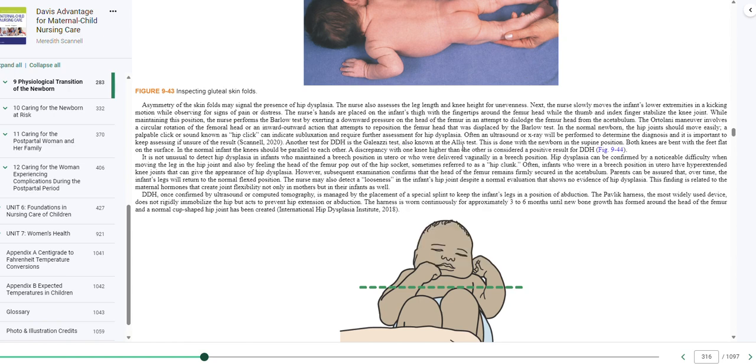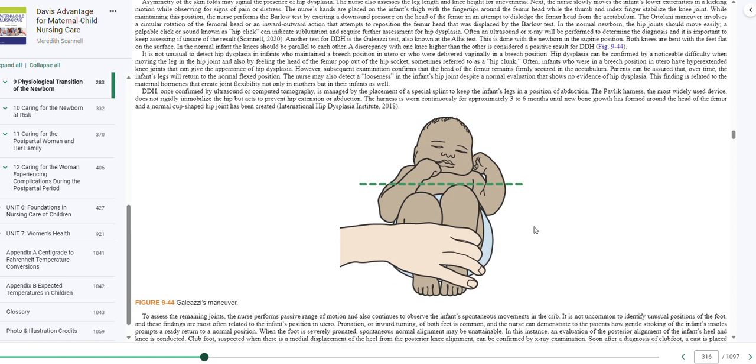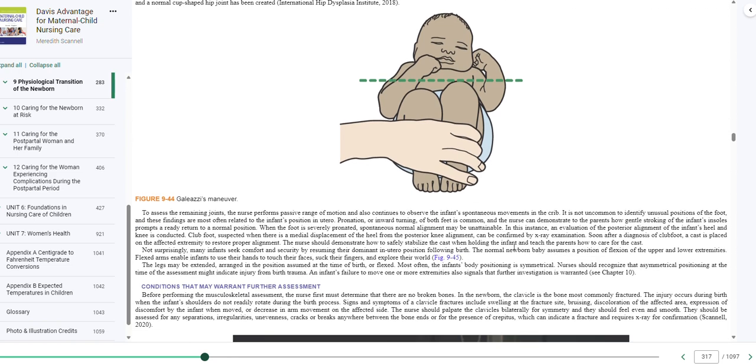Ortolani test, and it's also known as the click test, all right? And this is just where you flex the knees up and then open up to see if you feel that hip click or anything. And you're testing for the hip dysplasia, okay? Developmental dysplasia of the hip is what DDH stands for. All right.